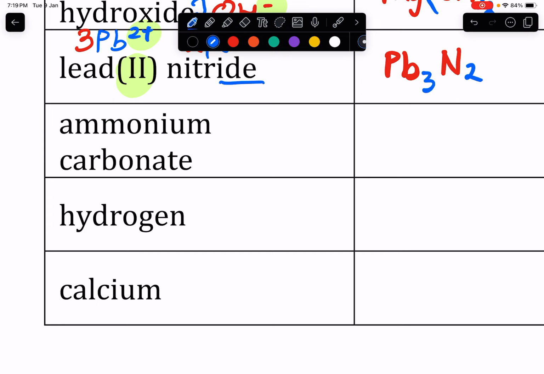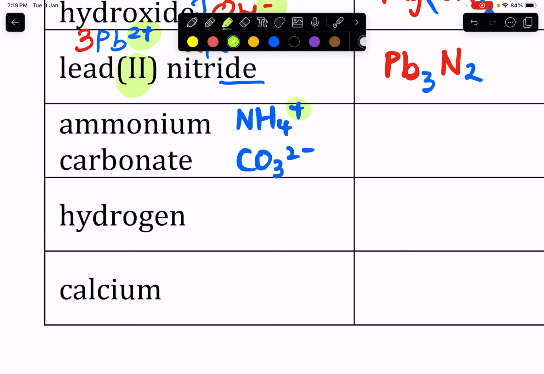Next, ammonium carbonate. This time, both the cation and the anion are polyatomic ions. So for these two, there's no choice but to memorize them. Ammonium ion is NH4+, while carbonate is CO3 2-.